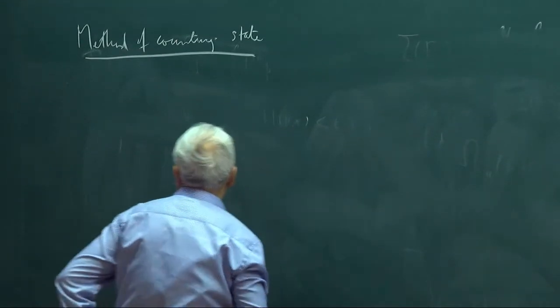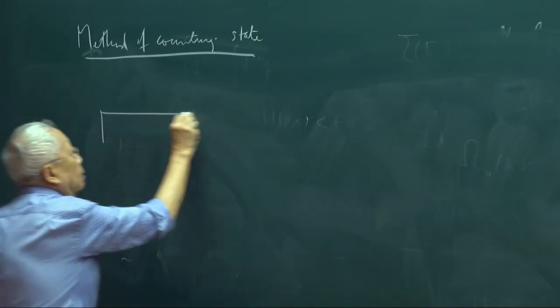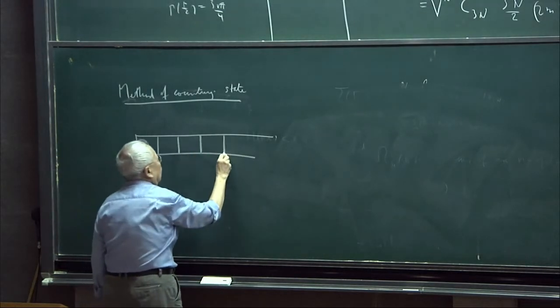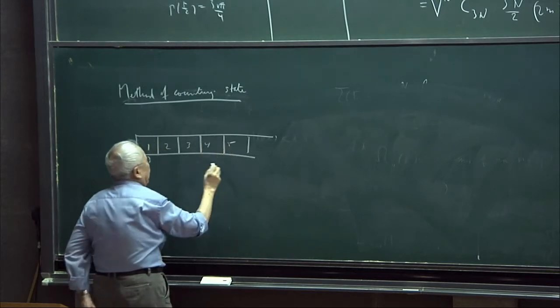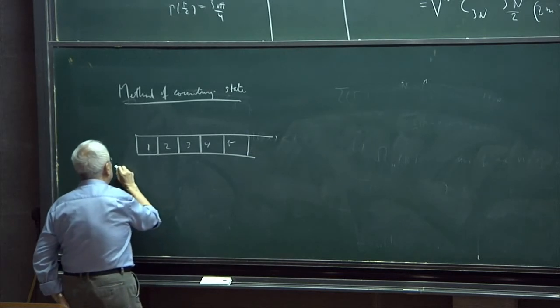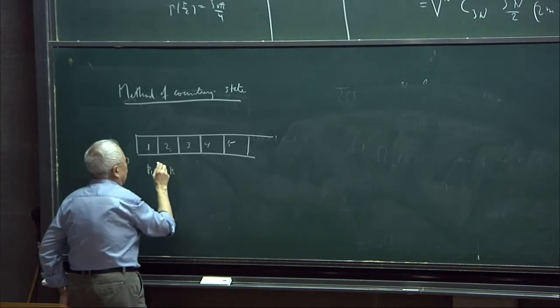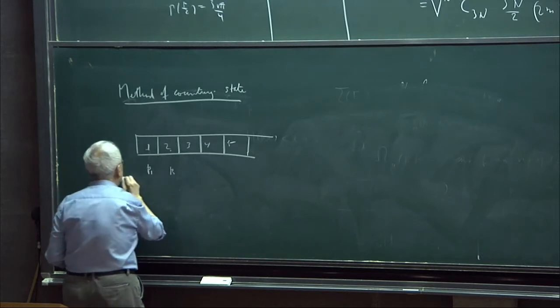So in the method of counting states, we take the spectrum of the particle, which is p squared over 2m, the energy spectrum, which is continuous. We chop it up into cells. Cell 1, 2, 3, 4, 5. And in each cell, the momentum is P1 at this point, P2 at this point, and then you take the momentum at the center of the cell as the momentum of that cell.